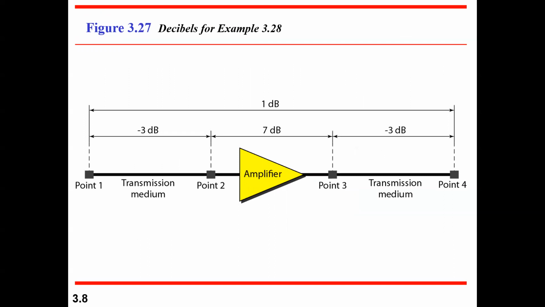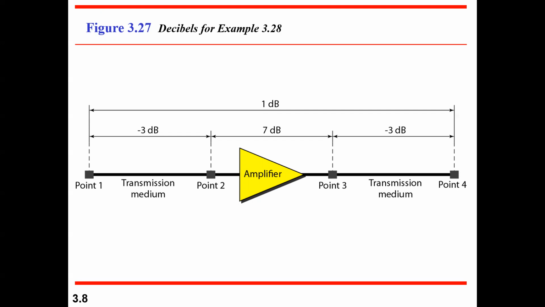If you look at this example, from point 1 to point 2 there is a loss of signal. Then an amplifier is used, and the signal increases by 7 dB, and then from point 3 to point 4 there is a loss of power.